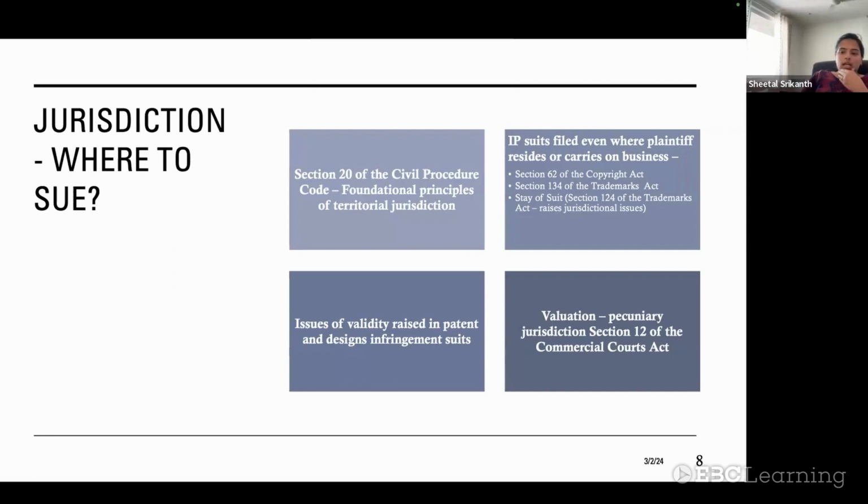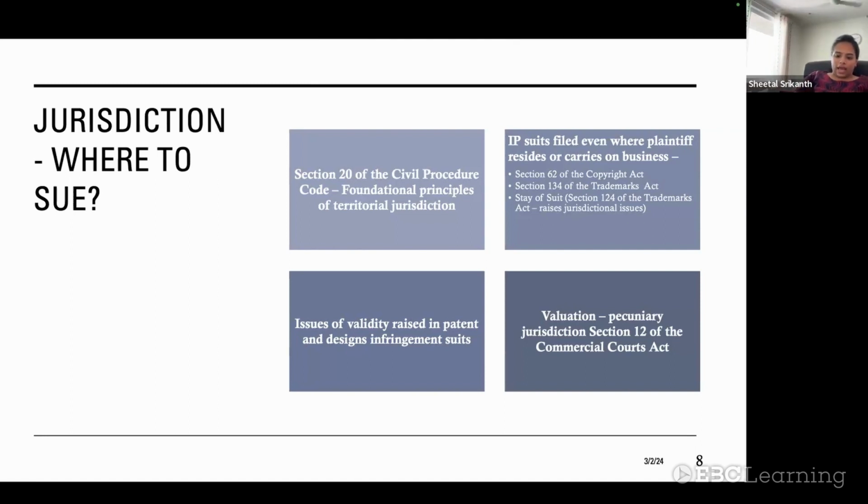So, for instance, at the district level in, let's say, Hyderabad, which is where I practice, there is a chief judge and additional chief judges at the top level, and below them are the senior civil judges, and below them are the junior civil judges. So a junior civil judge will deal with a dispute that is valued up to 20 lakhs.